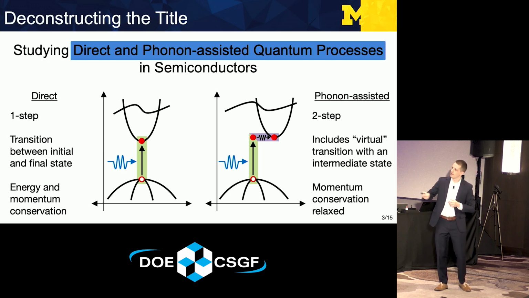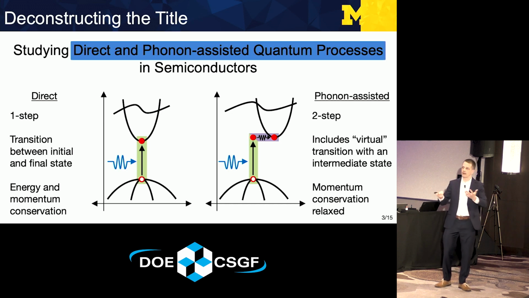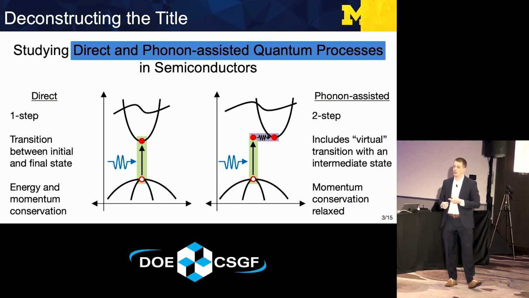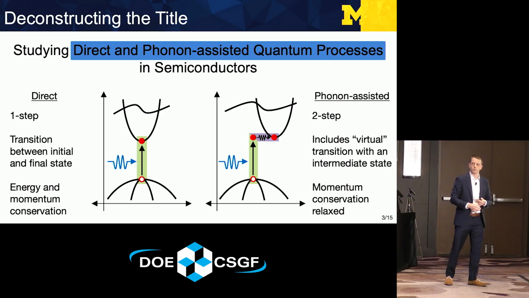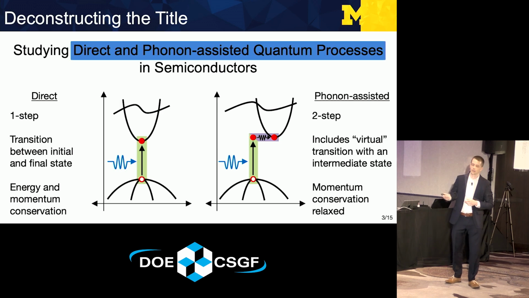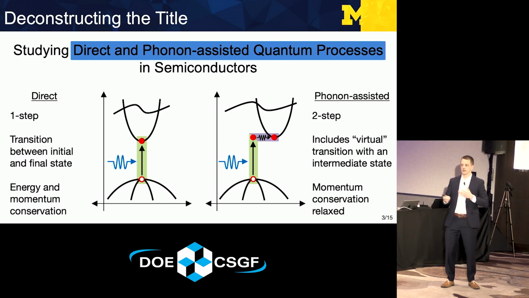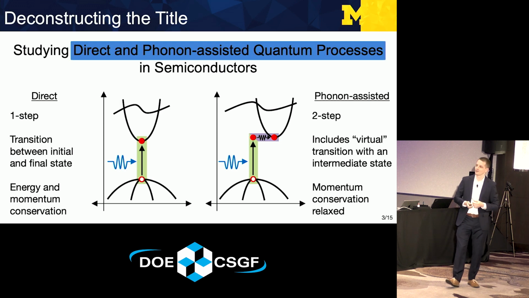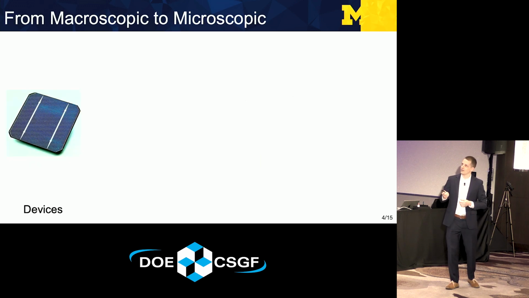And so you can absorb or emit, so basically interact with, a phonon, which we learned on the first day is just a lattice vibration. These are your electrons now interacting with your lattice, which is always moving around. You can basically get arbitrary momentum from these electron-phonon interactions. Because of this, your momentum conservation is greatly relaxed, right? You can get arbitrary momentum. So these are what direct and phonon-assisted quantum processes are.